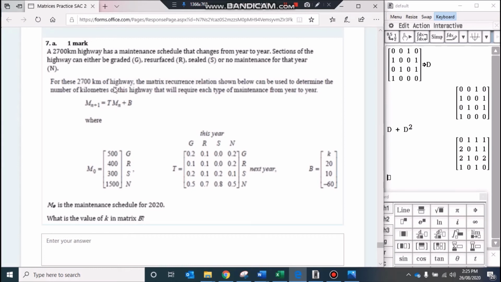They're only grading, resurfacing, sealing, or doing no maintenance. They're not building new highway, and similarly, they're not destroying any of the highway. So the highway still needs to be 2,700 kilometers. It needs to stay the same amount of highway. That means that summing up all the elements in B, they need to sum to 0.